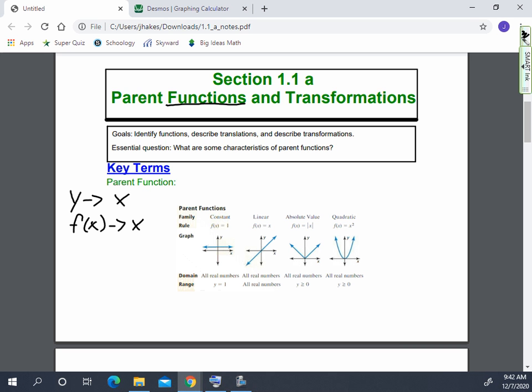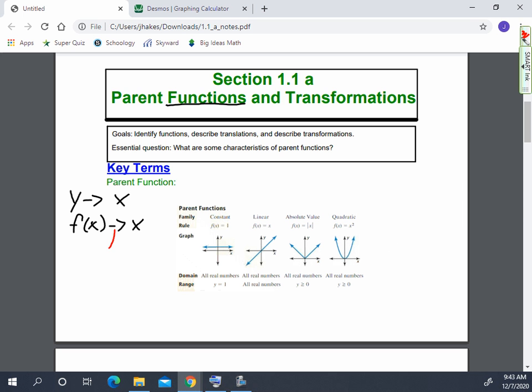We remember when we graphed in Algebra 1, we graphed functions like y equals x, and we made a line, right? Those were functions. Functions are those relations from y to x or f of x to x.